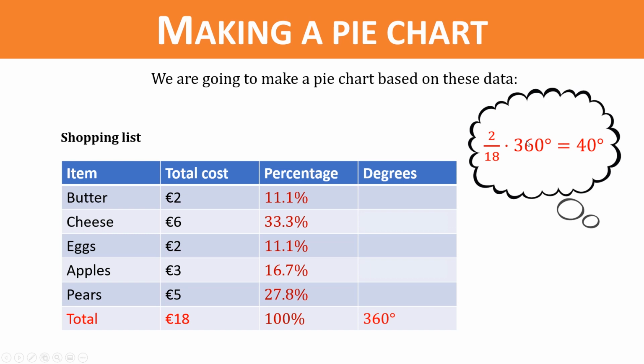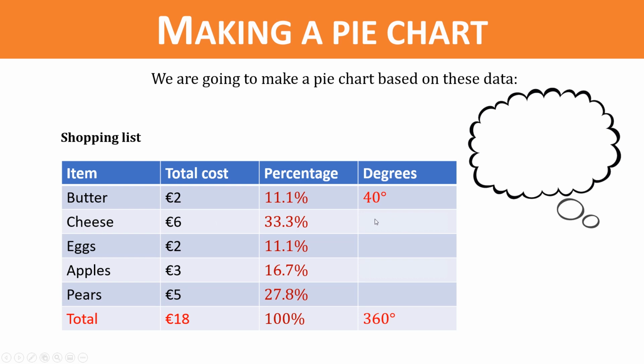But now instead of multiplying by 100%, we multiply by 360 degrees. 2 over 18 times 360 simplifies to 1 over 9 times 360. So that's 360 divided by 9 is 40. So 40 degrees.